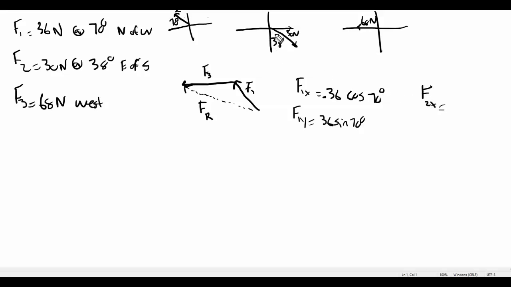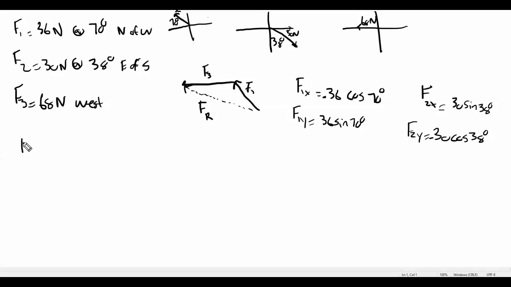F2x, looking at the picture, because it's east of south, we use sine to find the x component here. And so that would be 30 sine 38 degrees. And then F2y would be 30 cosine 38 degrees, but it would be negative because the y component is negative. Okay, and then of course the vector F3, we don't need trig to find that in component form.